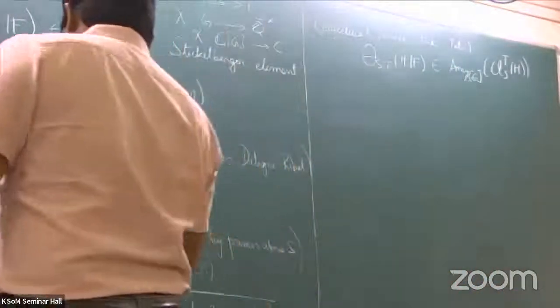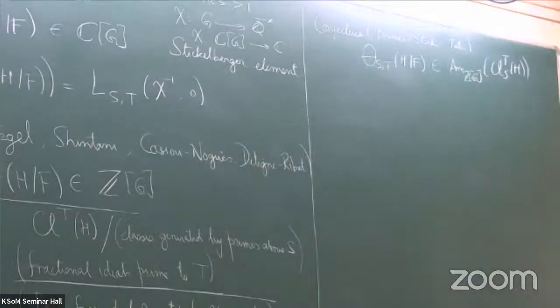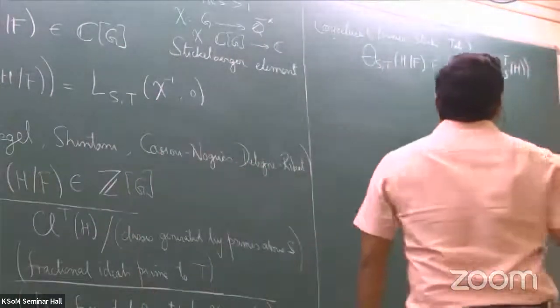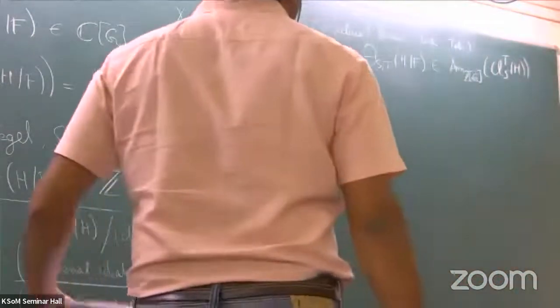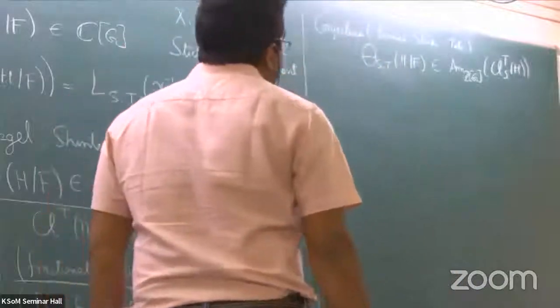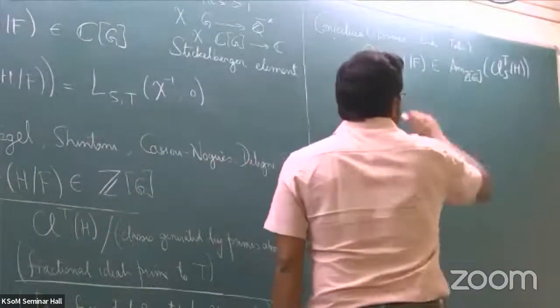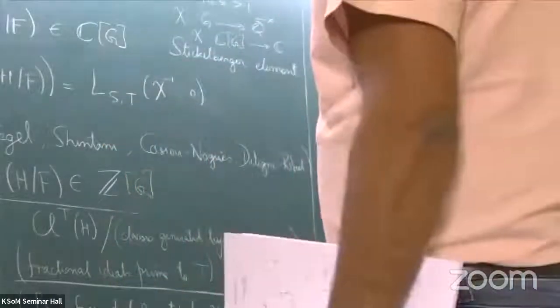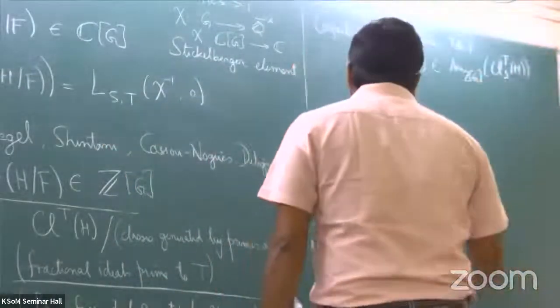Because we know that this class group is a G-module, right? G acts on all fractional ideals prime to T, and it takes principal ideals to principal ideals and so on. So we get an action of ZG on this class group, and you take the annihilator. The conjecture says that the Stickelberger element lives in this.